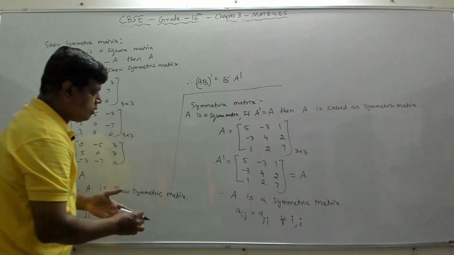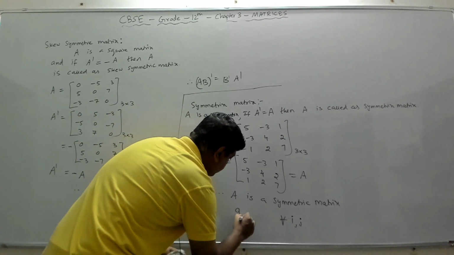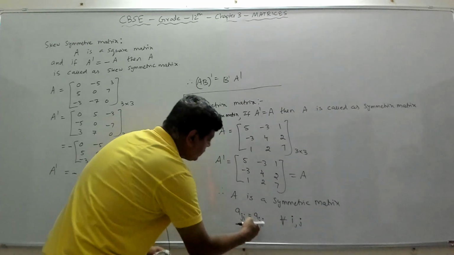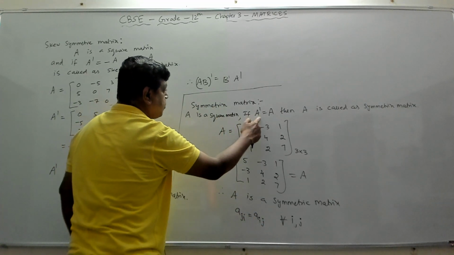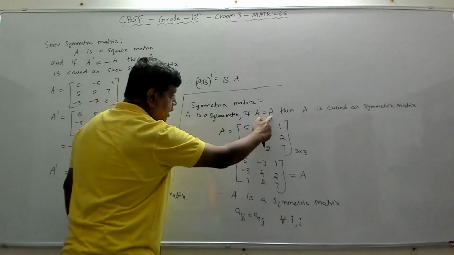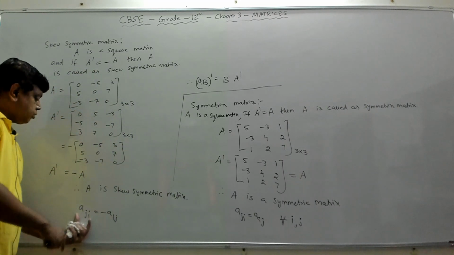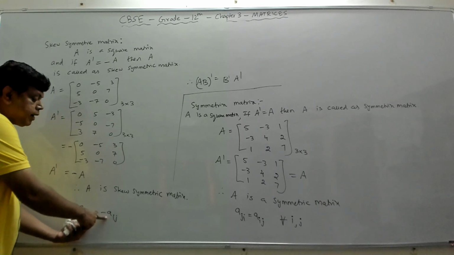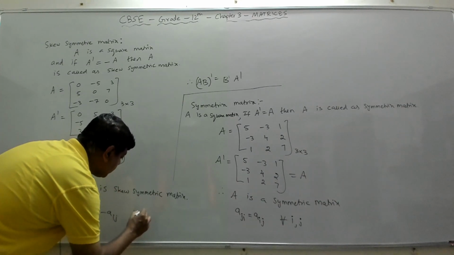It doesn't matter which side I write this. Because A transpose equals minus A. So A transpose elements are represented as Aji and A elements are represented by Aij. So each element of A transpose will be equal to minus of the corresponding element of A, Aij. This is true for every i, j.